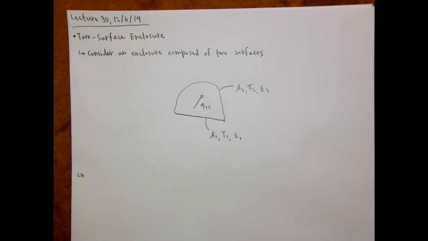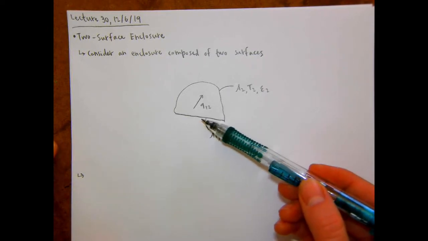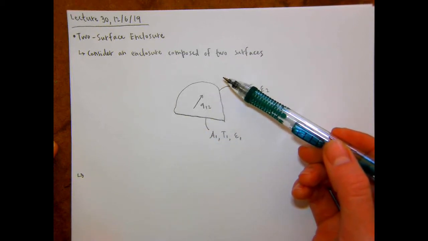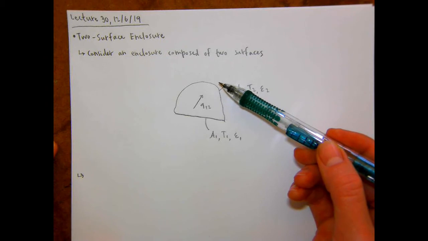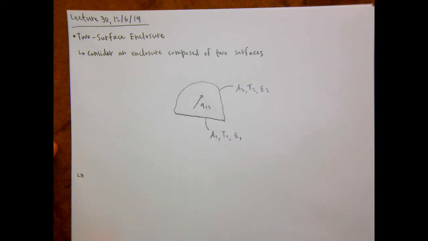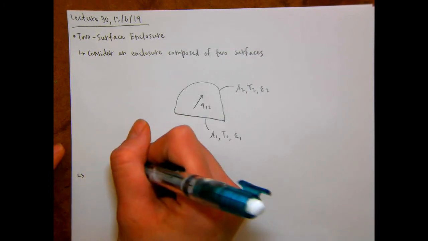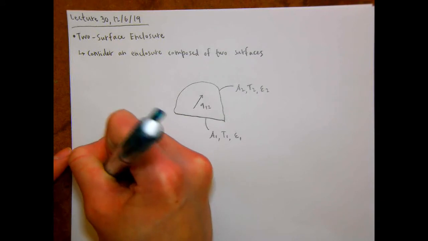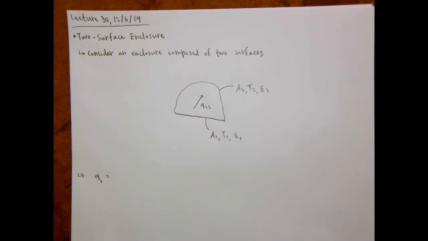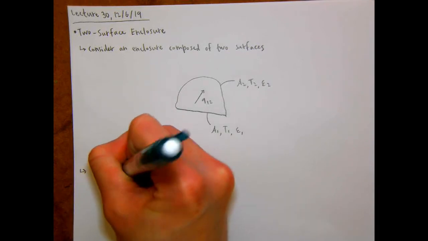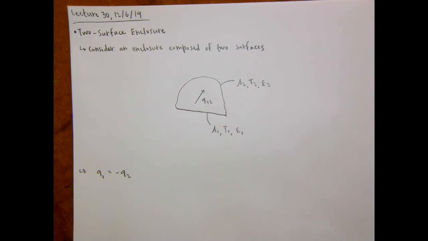And because there are only two surfaces here, we can say that the net radiation from surface 1 is going to equal the net radiation to surface 2, and that's going to equal the net radiation exchange between the two surfaces. So it's simplified for this case of just two surfaces. So that lets us say that Q1, the total net radiation leaving surface 1, is equal to negative Q sub 2.